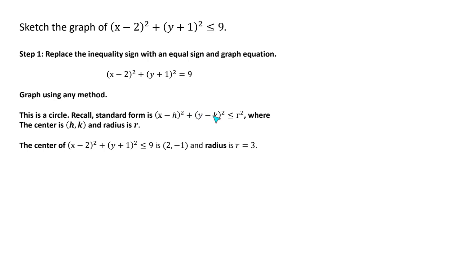So here we have our standard form. And so from this standard form, we can get our center. So h is 2. And then for k, we're going to get -1. Okay, so it's the opposite of what you see in the equation. So we're going to end up with a +2 and a -1 for our center. Now the radius, we're going to have r squared is equal to 9.